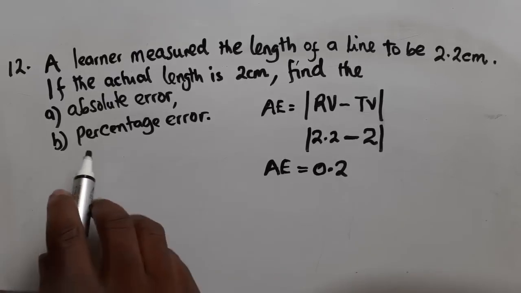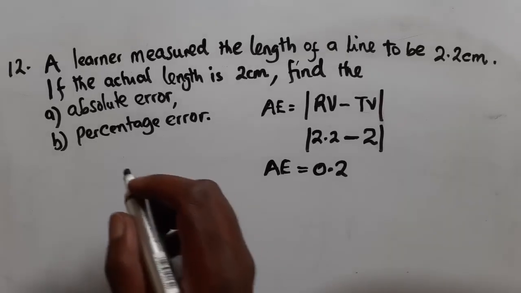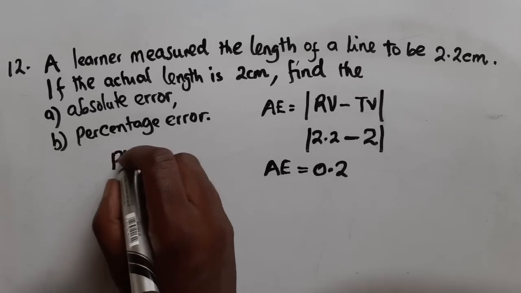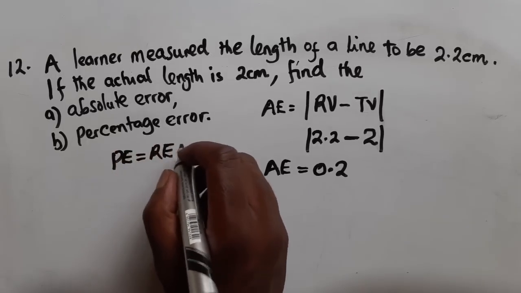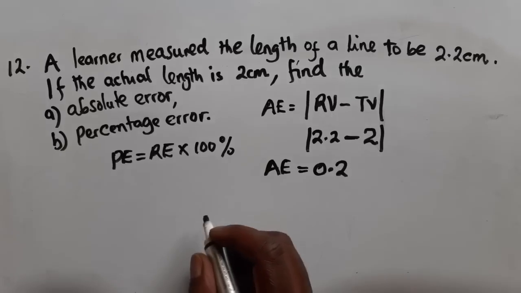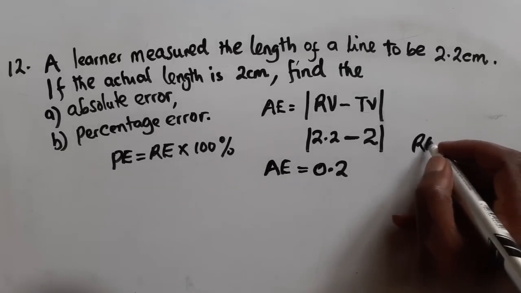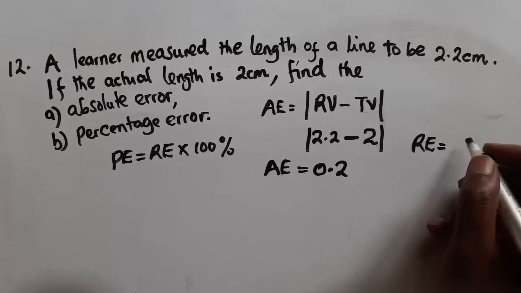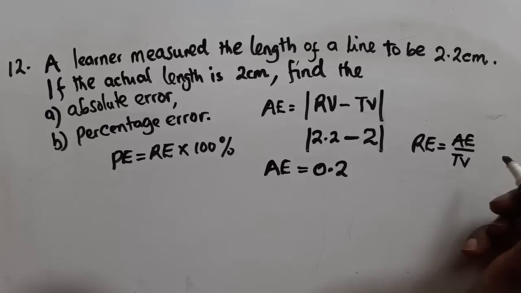Then, percentage error. So, percentage error is equal to relative error multiplied by 100%. Now, relative error is equal to absolute error over true value.